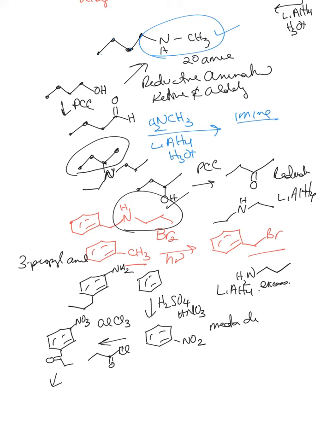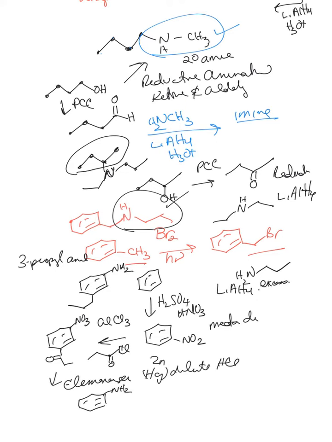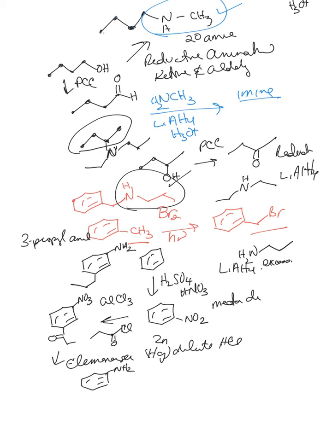And then at this point, you can do the Clemmensen reduction that you've learned. That's mercury and zinc and dilute HCl. And those conditions would also reduce the nitro. So not only would your nitro get reduced to the amine, your carbonyl then would be deoxygenated to give you a methylene.